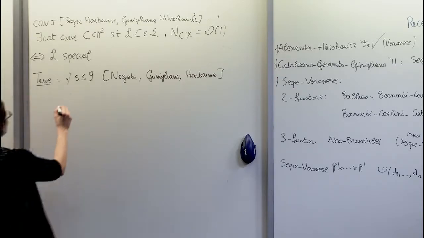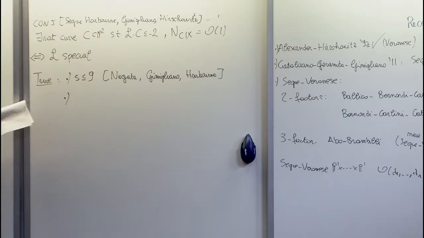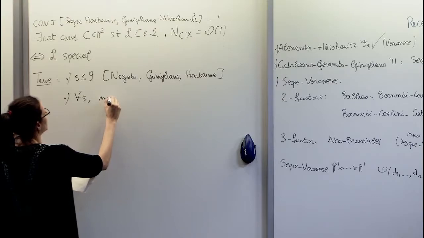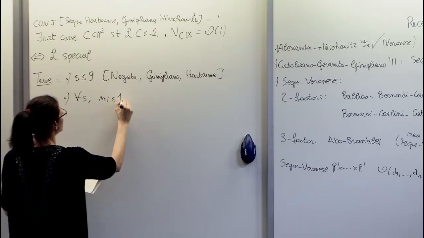And so one setting under which this is true is when you bound the number of points, but let the multiplicity be as high as you want. But it's also true for every number of points and bounded multiplicity, 12, I think.